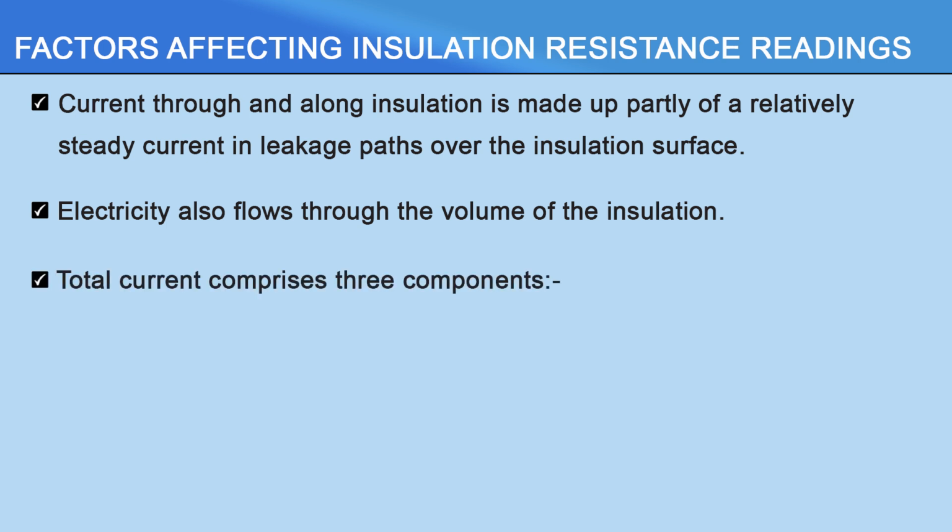Total current comprises three components. First is capacitance charging current, second is absorption current, and third is conduction or leakage current. So the current measured by the insulation tester is the combination of all these three currents.